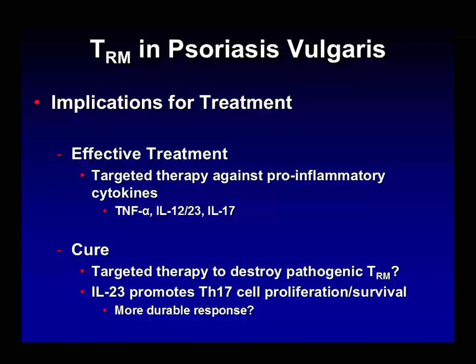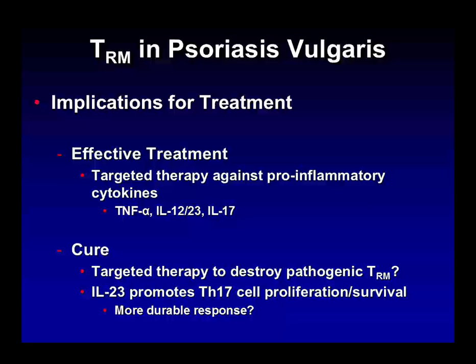Over the past decade or so, we have seen a revolution in our ability to treat moderate to severe psoriasis. We have many weapons available to us right now that can get most of our patients clear, if not almost clear, by targeting these well-known pro-inflammatory cytokines that are central to the pathogenesis of psoriasis.